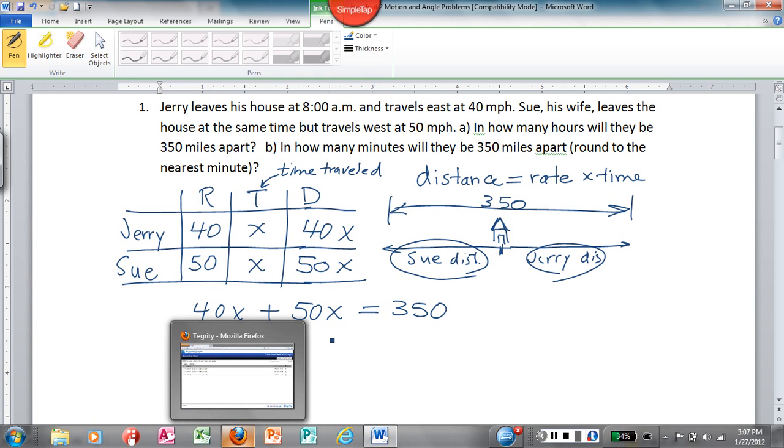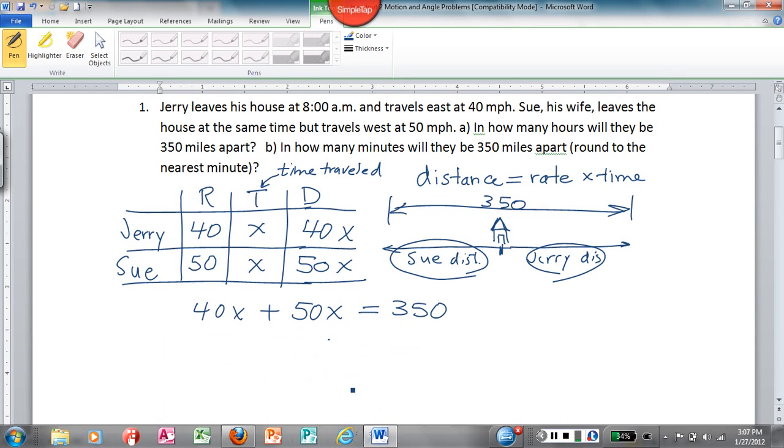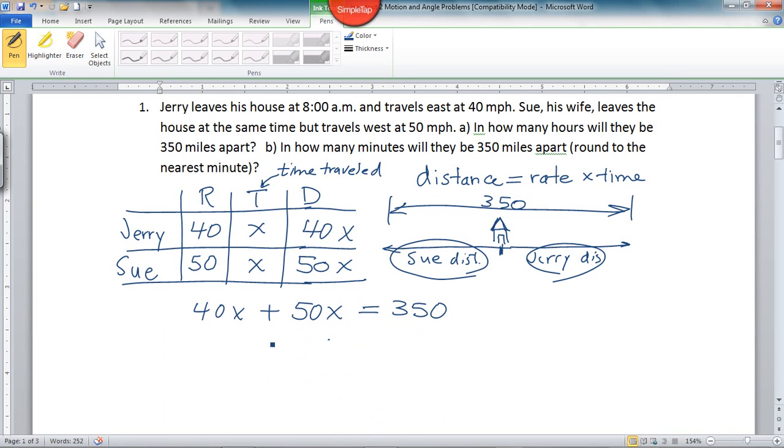Now we can get our solution here. Solve for x. 50x plus 40x, that's 90x. So that equals 350. Divide by 90. And that'll get us x equals, reduce there by 10, 35 over 9.